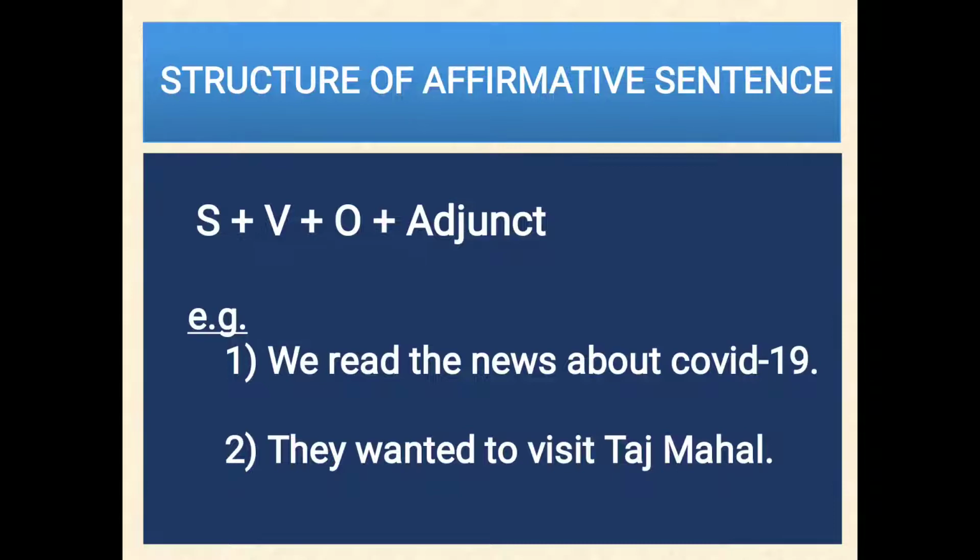If you have seen these two examples, you can find only affirmative assertion. There is no negative aspect in the given sentence, and the structure is S plus V plus O plus adjunct. So this is the structure.